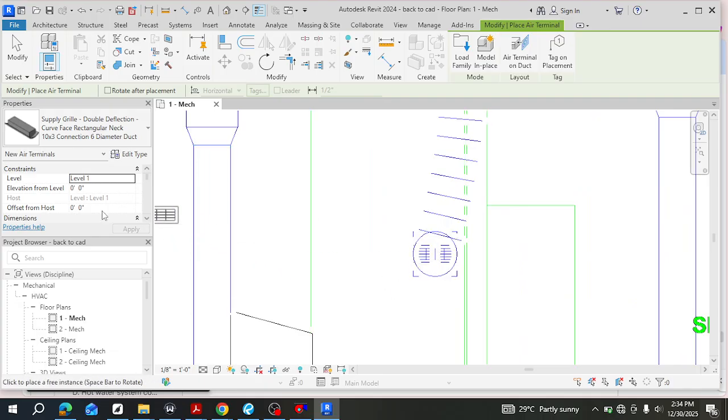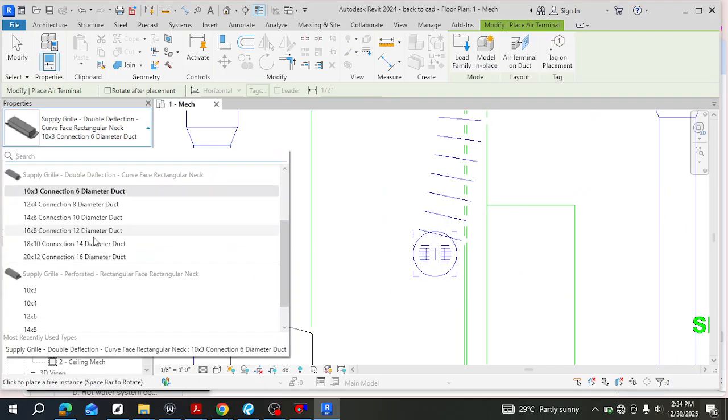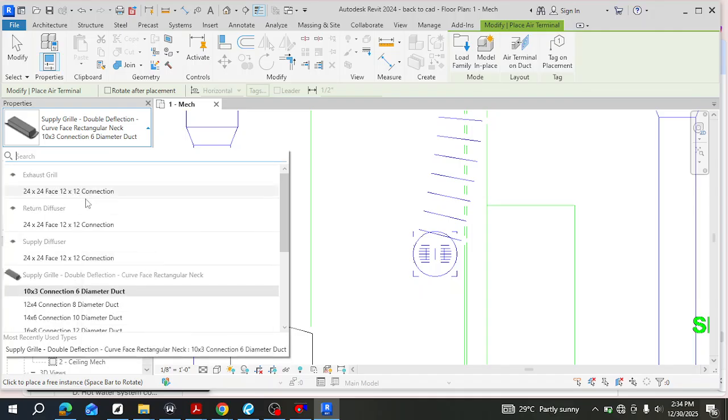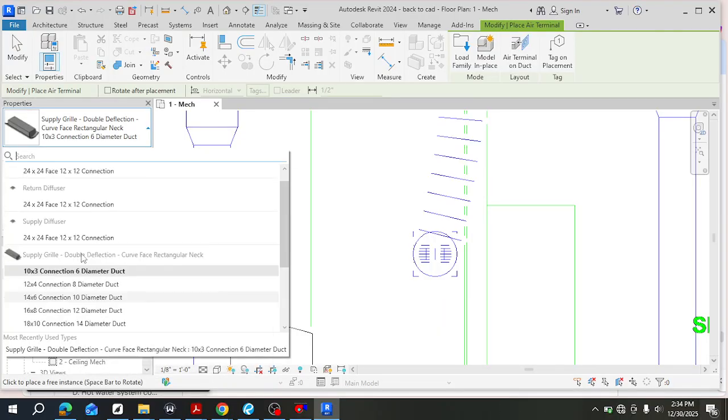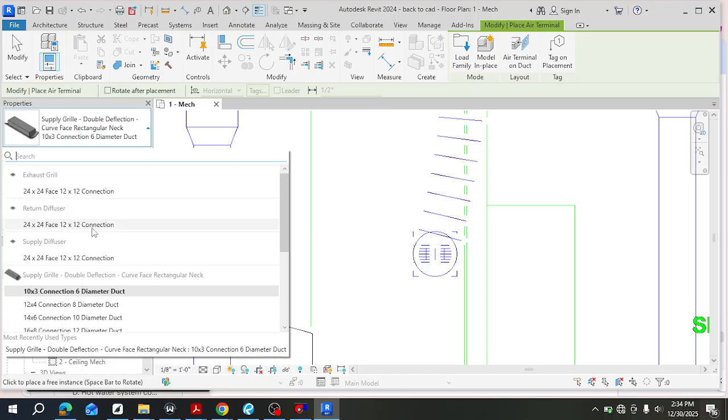See, it has different ways, right? Let's see what else we have. So this is a rectangular type of grill. I mean, there's a lot of things. If you remember, there's exhaust, there's supply, and they have different parameters.